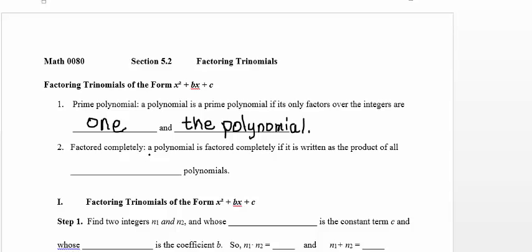When we factor a polynomial completely, it is written as the product of all prime polynomials.